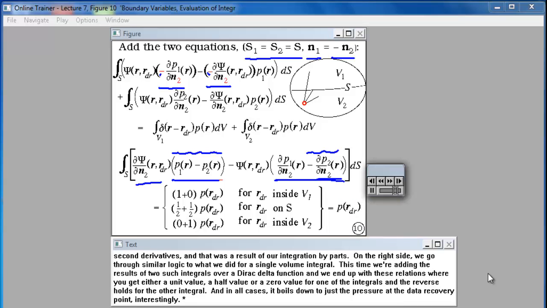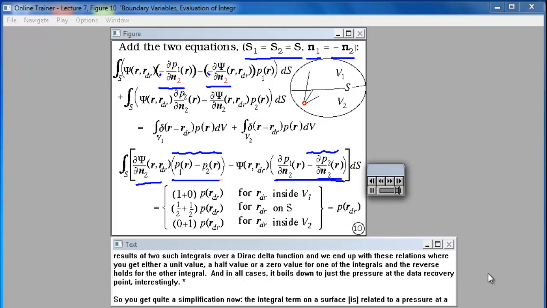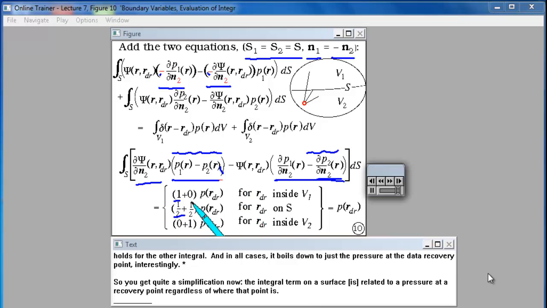On the right side, we go through similar logic to what we did for a single volume integral. This time we're adding the results of two such integrals over a Dirac delta function, and we end up with these relations where you get either a unit value, a half value, or a zero value for one of the integrals, and the reverse holds for the other integral.